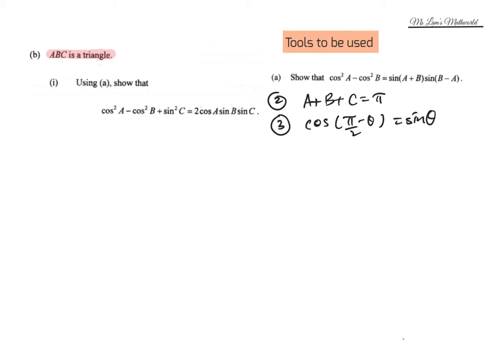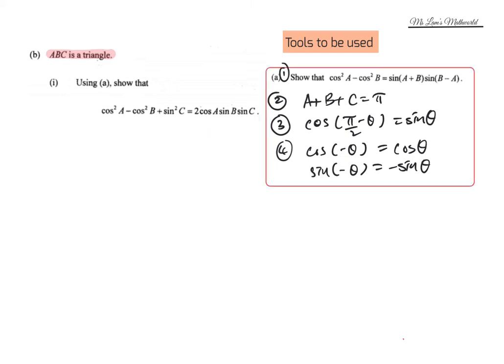And then we may also need to use quadrant 4: cosine of minus theta equals to cosine theta, and sine of negative theta equals to minus sine theta. So we may need to use that. When should we use which one? It depends on how to make the left hand side become the right hand side.